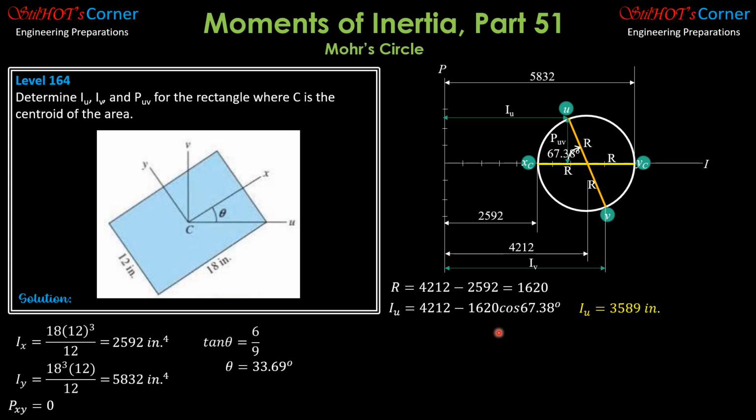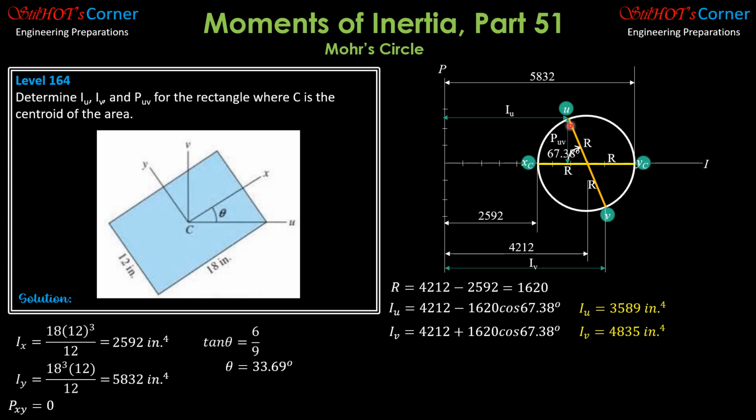It is equal to 3589 inches to the fourth, while I sub v is 4212 plus, so we just add r cosine 67.38. So 4212 plus 1620 cosine 67.38 degrees. So I sub v is equal to 4835 inches to the fourth.